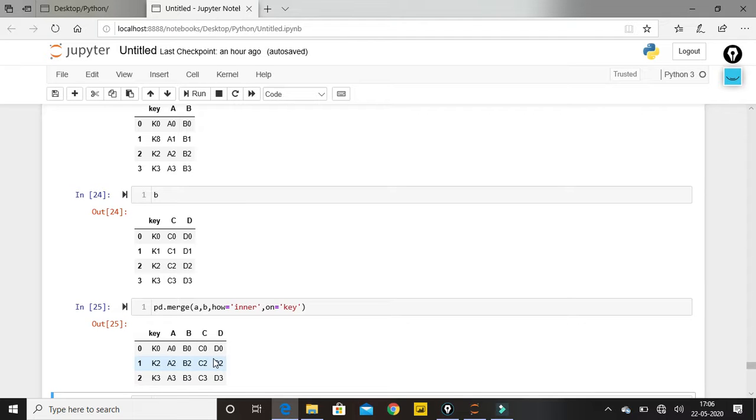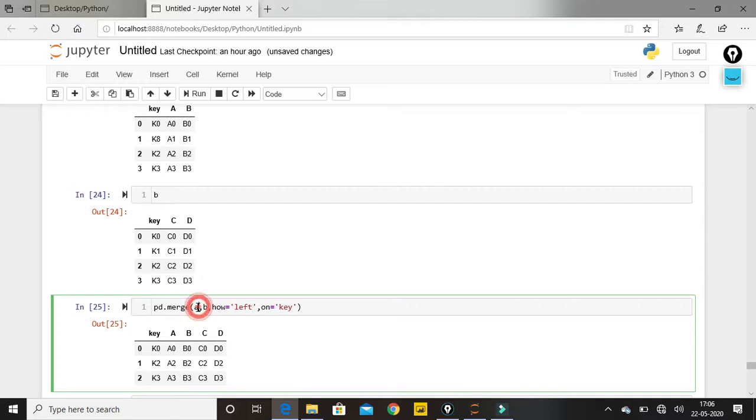Only the intersection, or only the common keys between these two data frames, it will give us as output. If I write it as left, what do I mean by left? Left over here means A. Whatever data frame name I write at the start after merge, that is my left, and the right is B. After the comma, whatever data frame I write, that becomes my right by default.